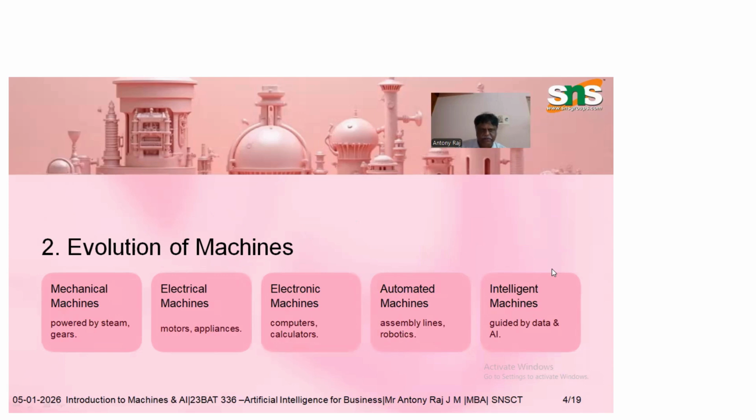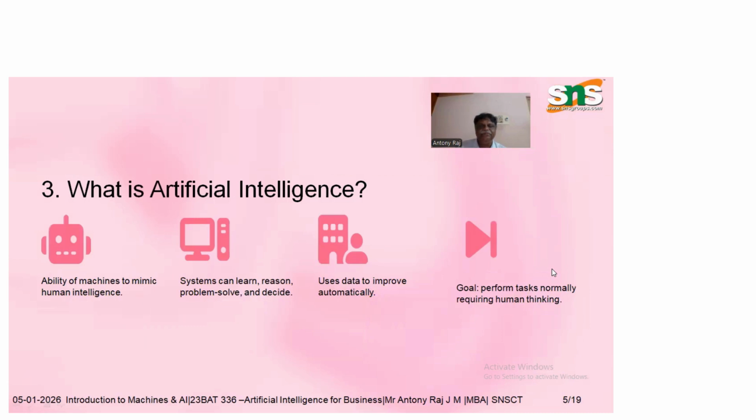Next is electrical machines, where machines came up with motors and appliances. Third was electronic machines, with computers and calculators, to give you an example. The fourth stage was automated machines, with assembly lines and robotics. And today we are in an era of intelligent machines, which is guided by data and artificial intelligence.